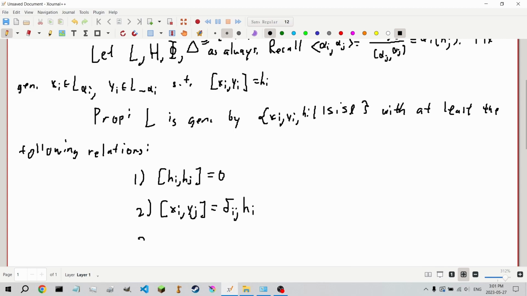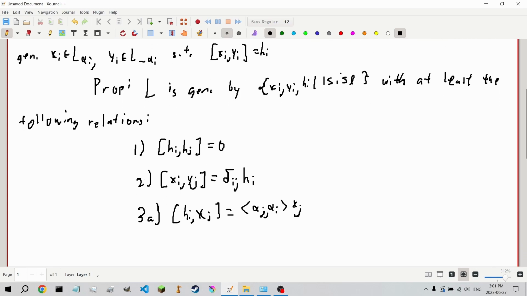We have 3a, which is the bracket of hi and xj is the angle bracket of alpha j on alpha i, scaling xj. 3b, likewise, hi on yj scales yj by negative angle bracket alpha j alpha i.